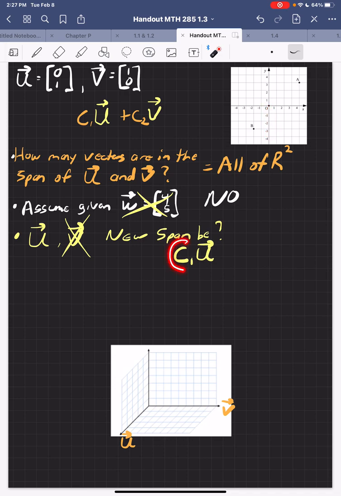So by having the ability to choose any value of c sub 1, your span is the y-axis in this case. Right? Your span would be every vector along this y-axis. Okay, it's my hope that this is starting to click.